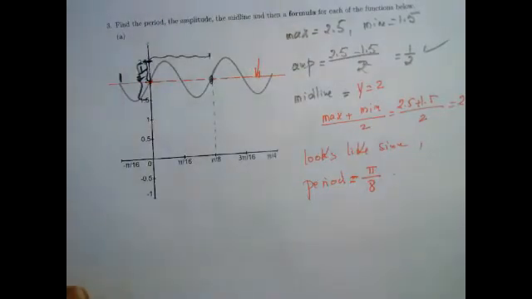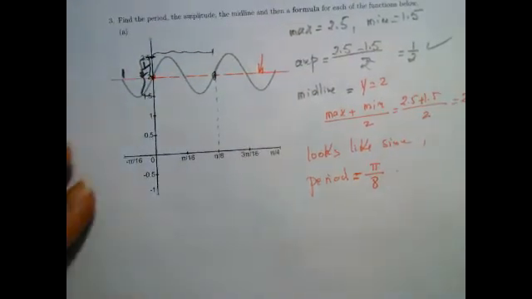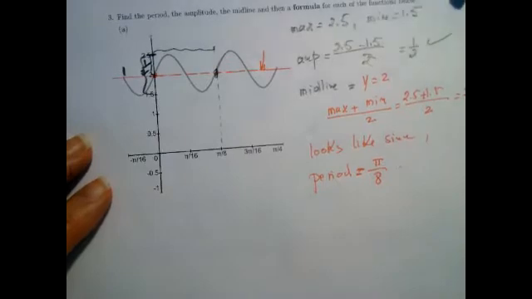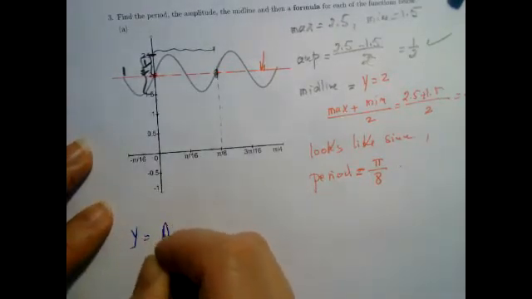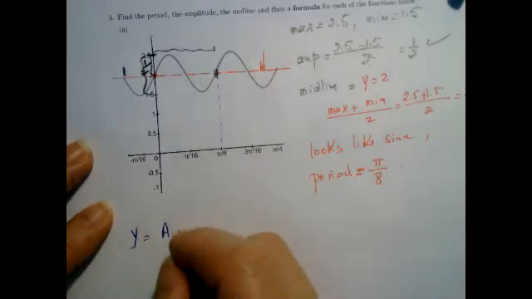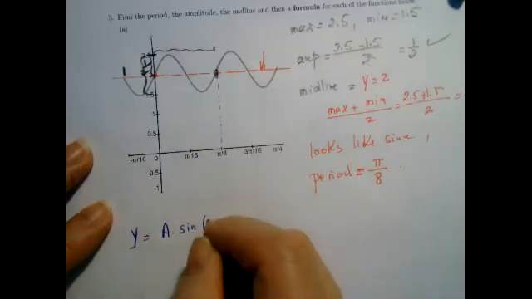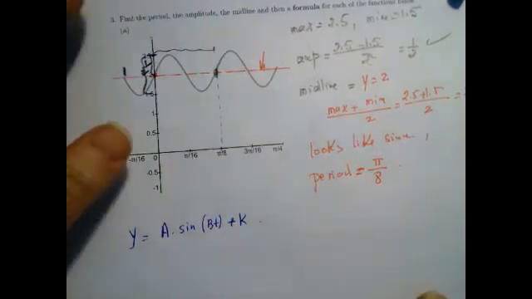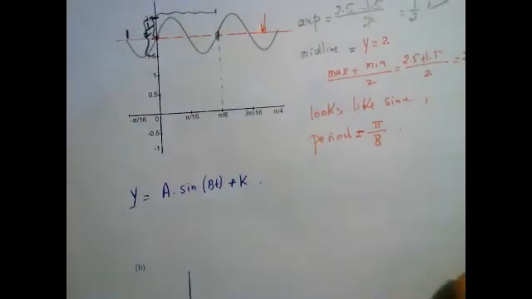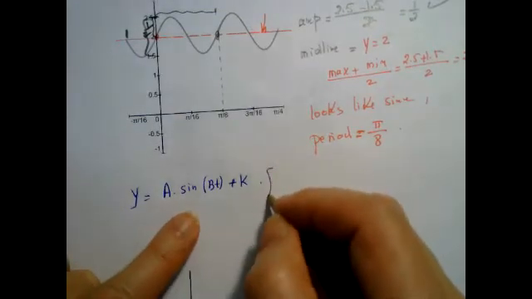Okay, but now what's the formula? What's the general formula? And then we're going to fill in every detail. So the formula is going to be the amplitude times sine of (bt) plus k. This is a sine graph. Now, what each one of them is, and where you had the mistake.